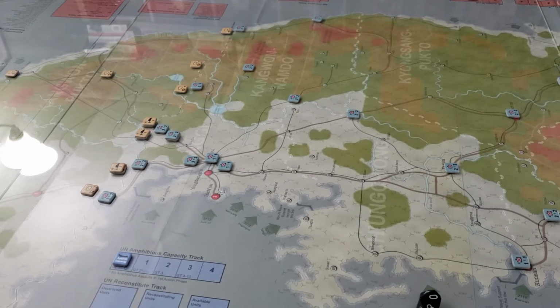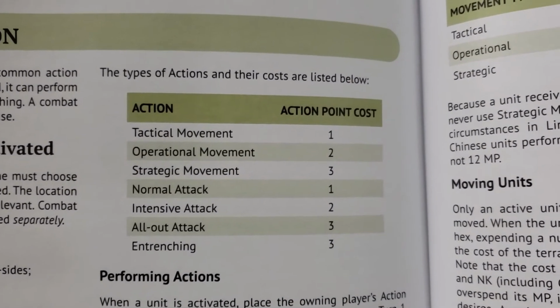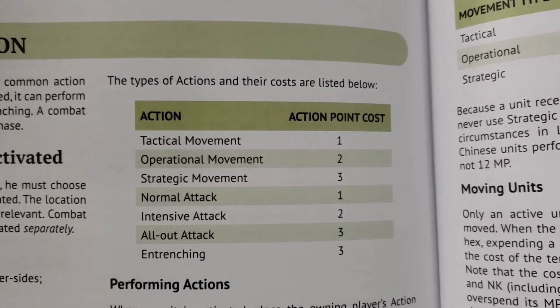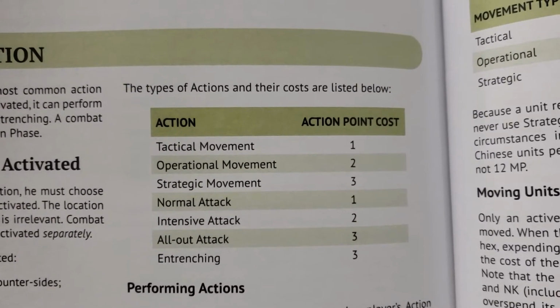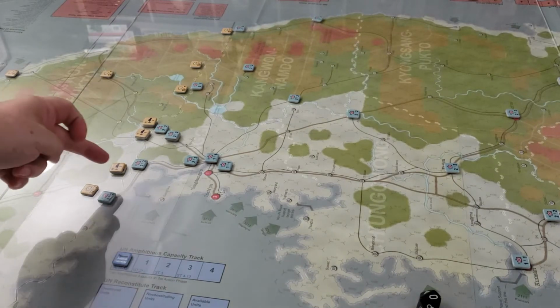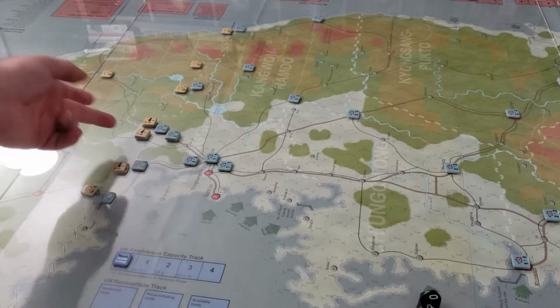So the options that we have are here. We can do tactical movement, which will cost 1 of our 2 action points. And if we did tactical movement, it would then mean we could only do a normal attack. Now, this guy attacking into this hex, we don't need to move, right?